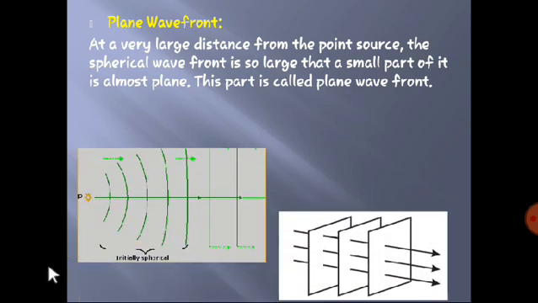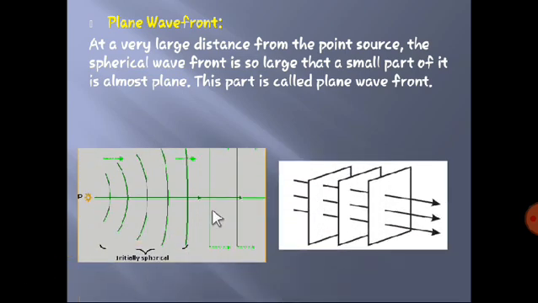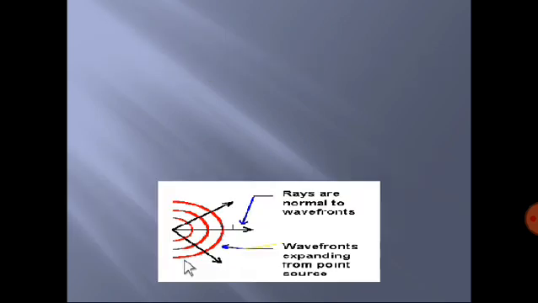And these are examples of both of them. Both images are examples of a plane wavefront. Initially it is spherical, but moving away from that point source it will give you a plane wavefront.